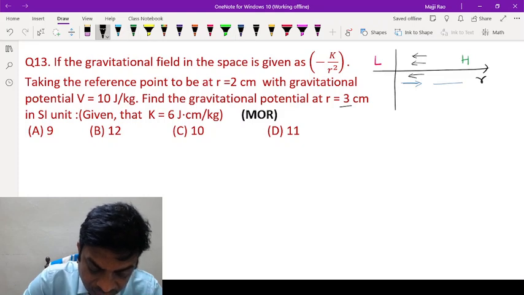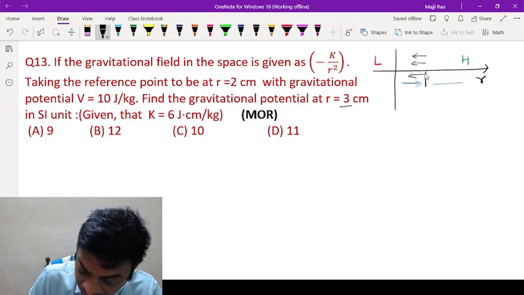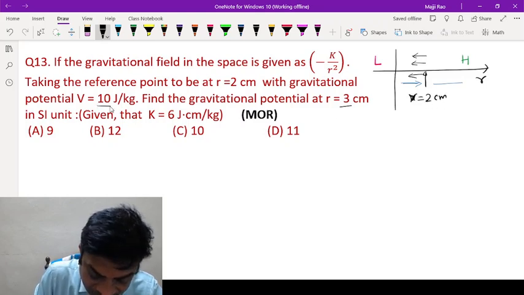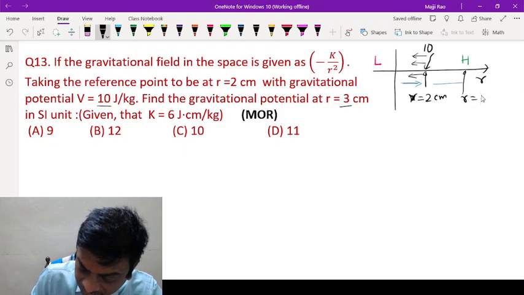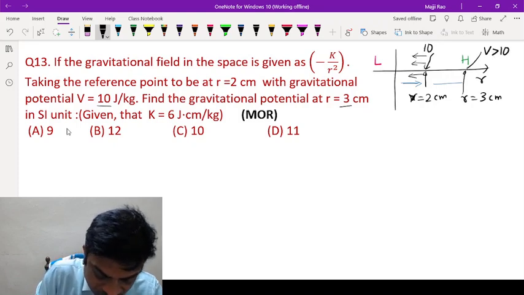Okay. So at some point, let us say R equal to 2 cm, the potential is 10 joule per kilogram. Now at R is equal to 3 cm, certainly potential will be greater than 10. So these two options have been eliminated.